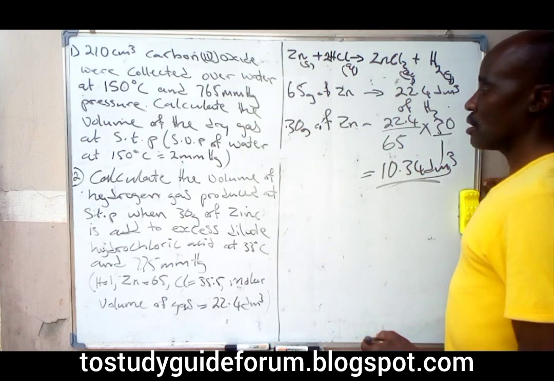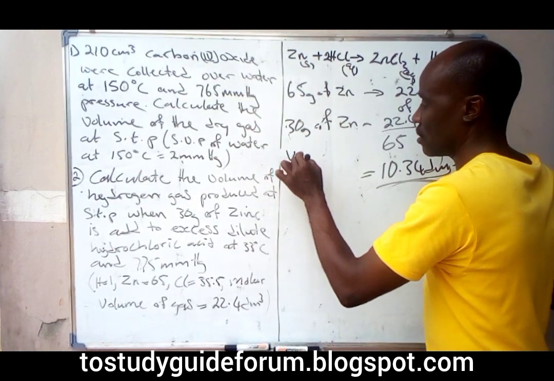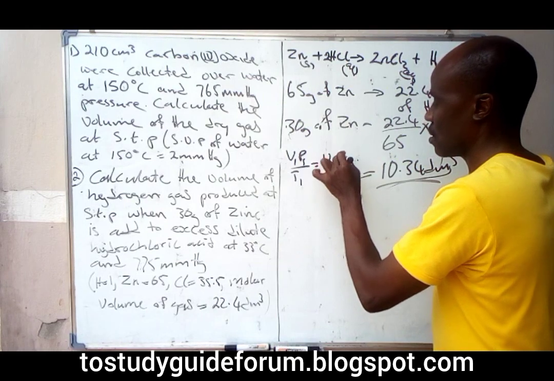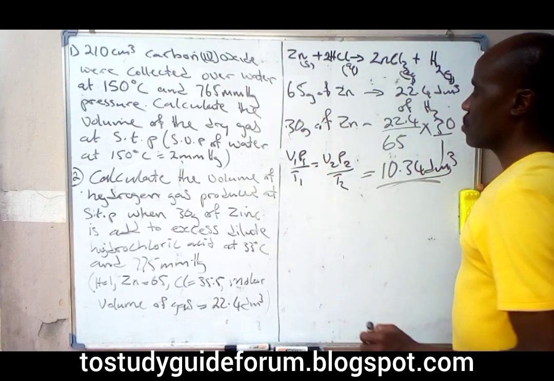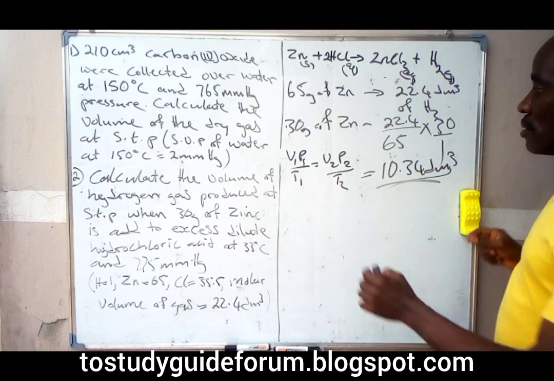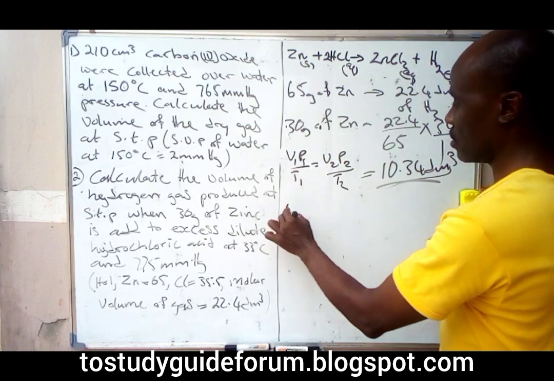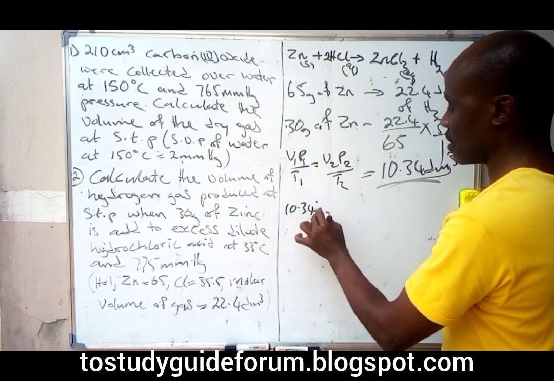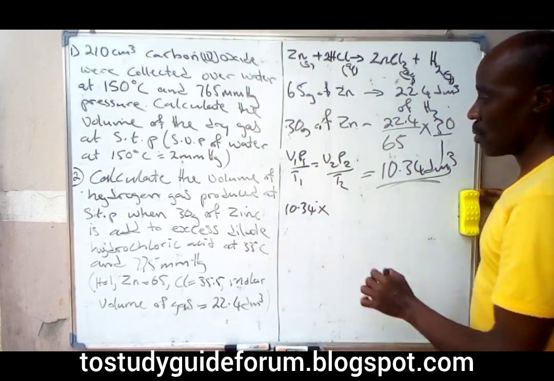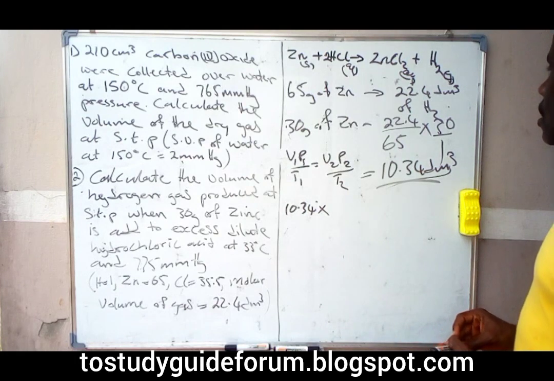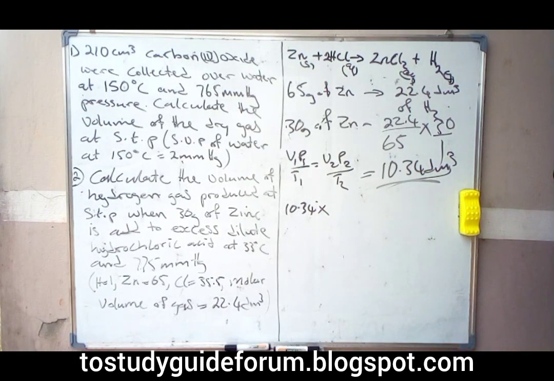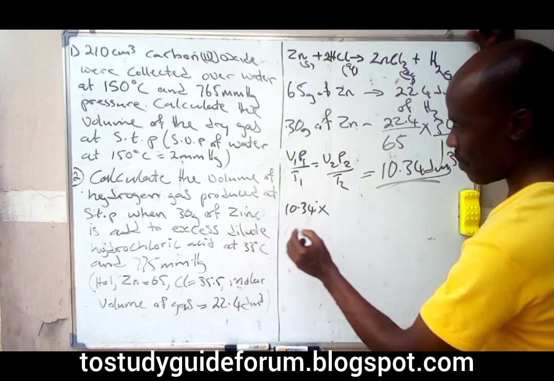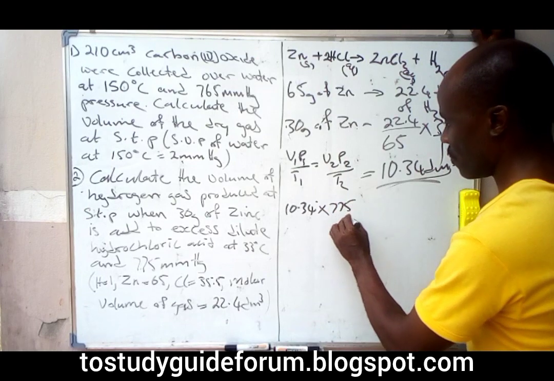So using the general gas equation, the V1 is 10.34, the pressure is 775, over temperature.